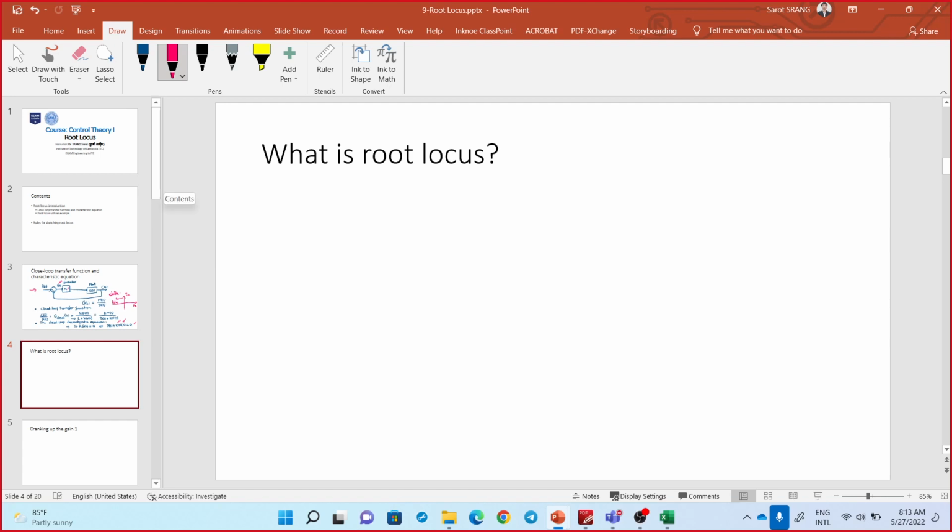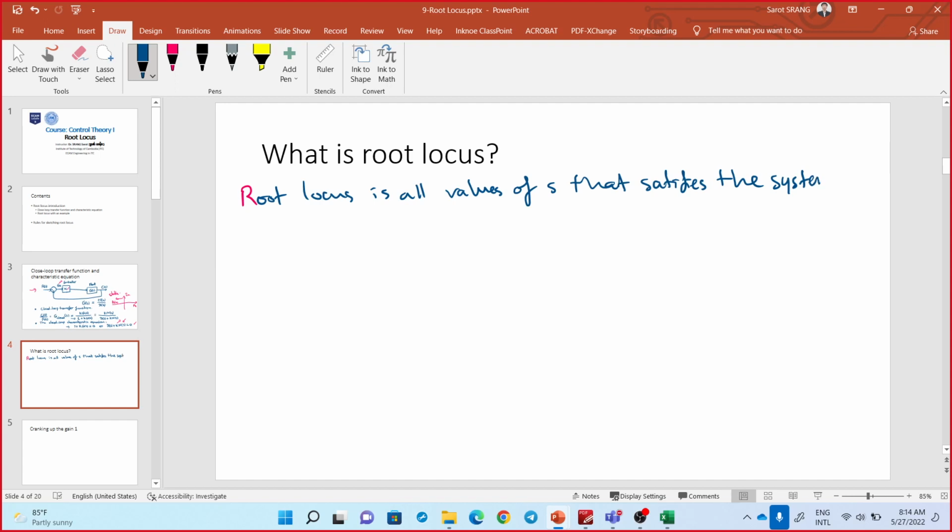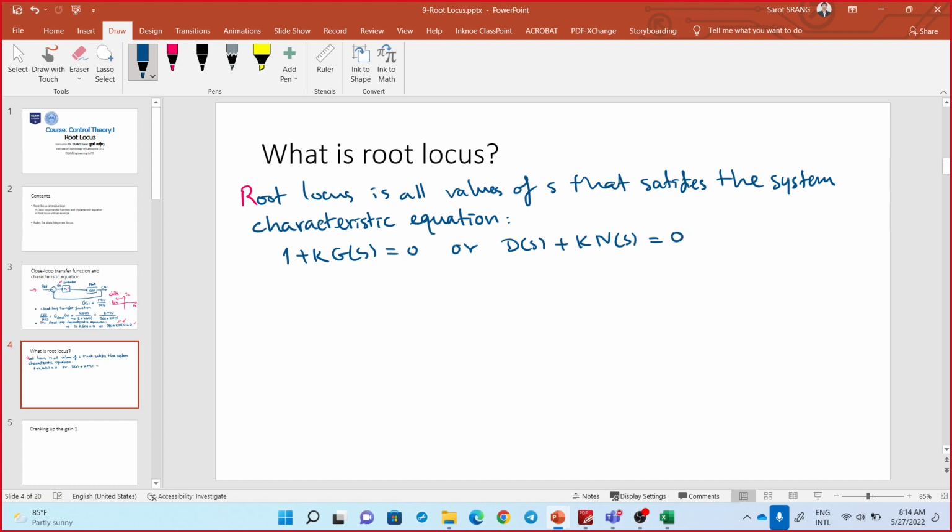I write it down here: root locus is all values of s that satisfy the system characteristic equation, which is 1 plus K G of s equal to 0, or D of s plus K N of s equal to 0.